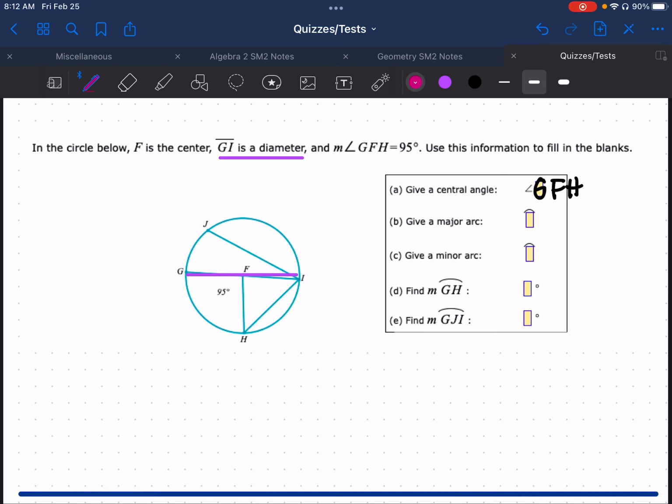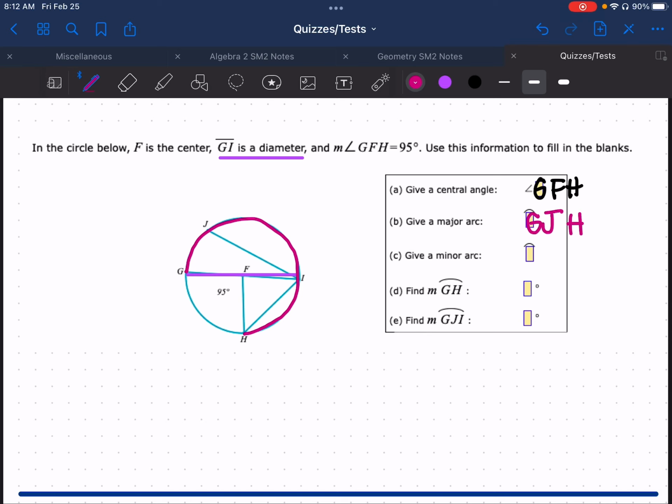I'll go ahead and do the top one. There's my major arc, and I'm going to call it G, J, H. You always must use three letters.